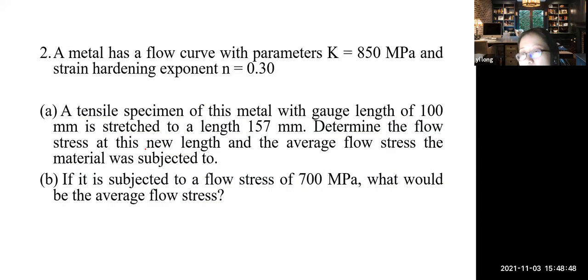Now we move to question 2. A metal has a flow curve with parameter K constant, n constant, and strain hardening, which is this. A tensile specimen of this metal with length 100 is stretched to 157. Determine the flow stress at this new length and the average flow stress the material was subjected to.